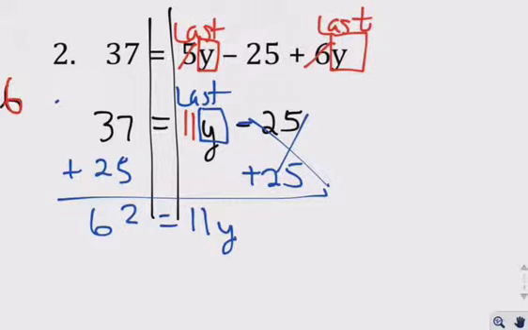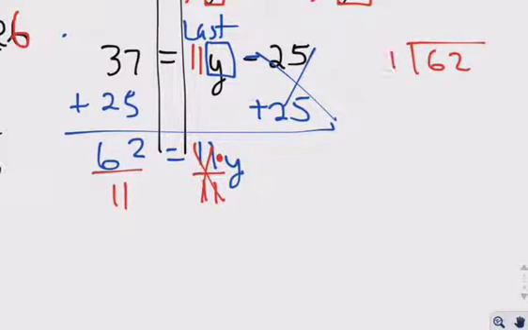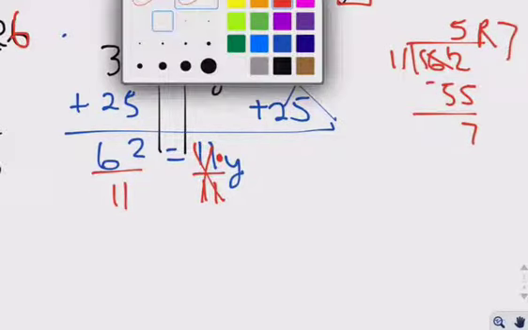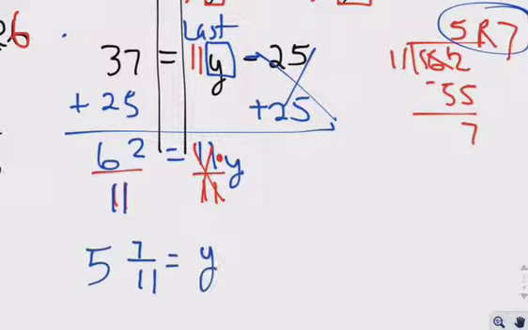Now you see multiply, do divide by 11, divide by 11. 62 divided by 11 is 5, 55, subtract, 7, remainder 7. So your answer is 5, remainder 7 over the 11 down here, that equals y.